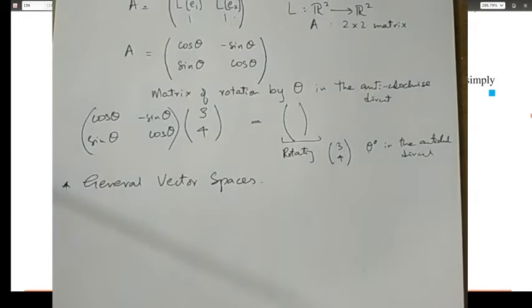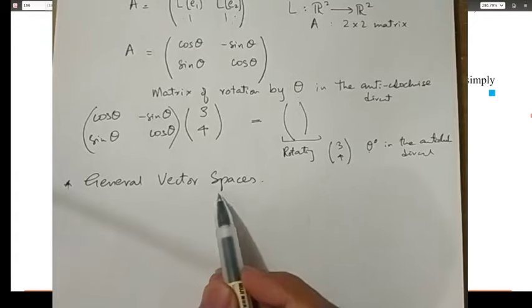So we've done an example in which we were doing a transformation from an n-dimensional real space to an m-dimensional real space. That was a specific example, but it gives us a hint of what to do when we have general vector spaces.